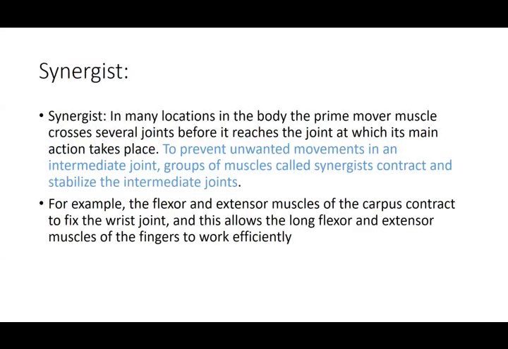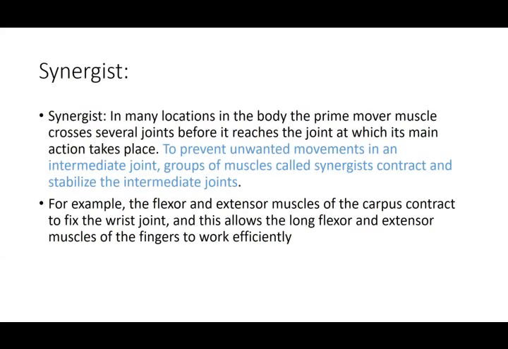And synergist: supposing a muscle passes through a long distance, half the strength of the muscle would be lost by the time it reaches its final movement. So to prevent unwanted movements at any intermediate joints, groups of muscles nullify the unwanted movements along the way, and they allow the main movement to occur.